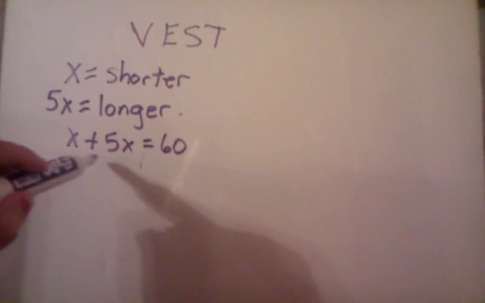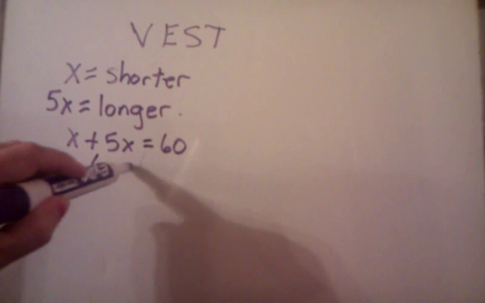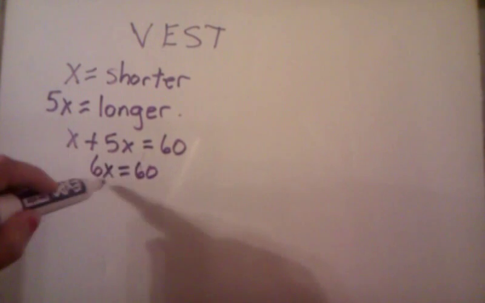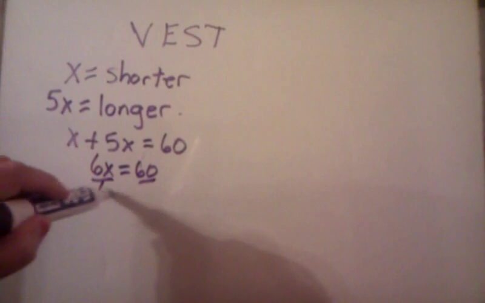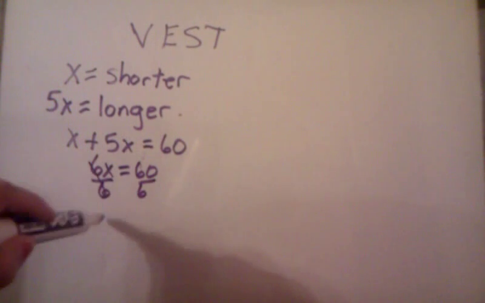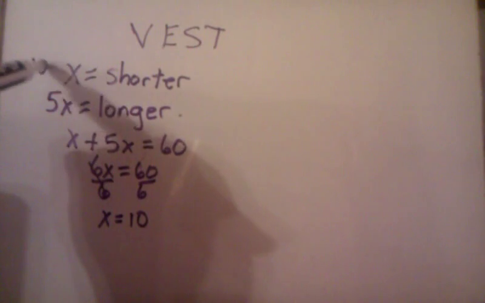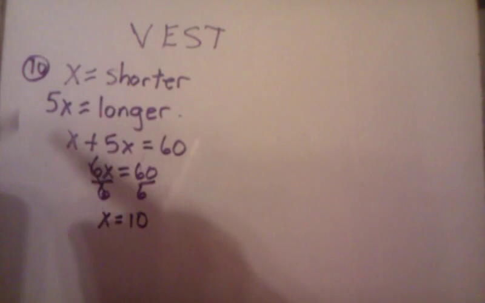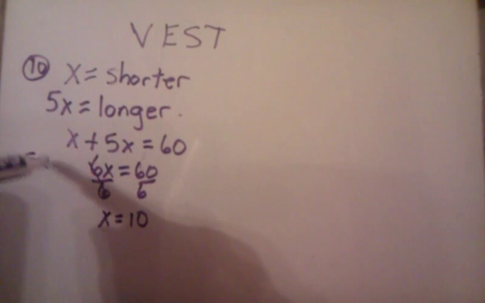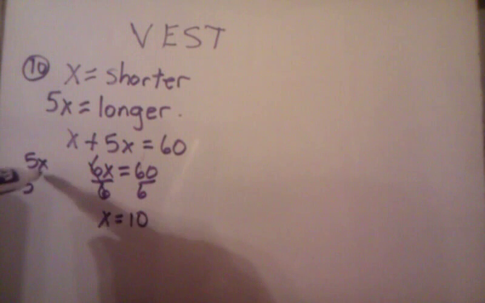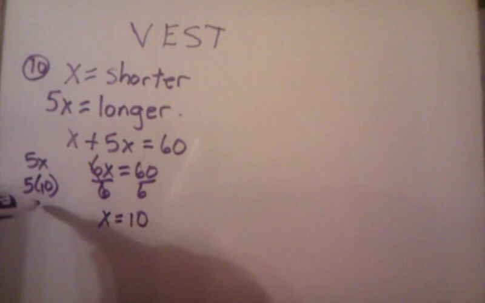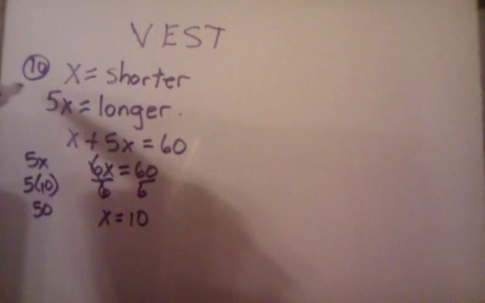X plus 5x is 6x equals 60. Divide both of these by 6. X equals 10. If x is 10, replace the x with 10 in 5x. 5 times 10 is 50.